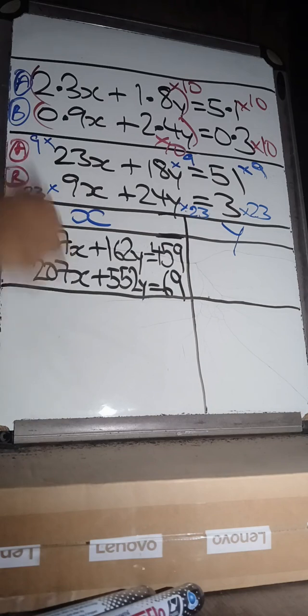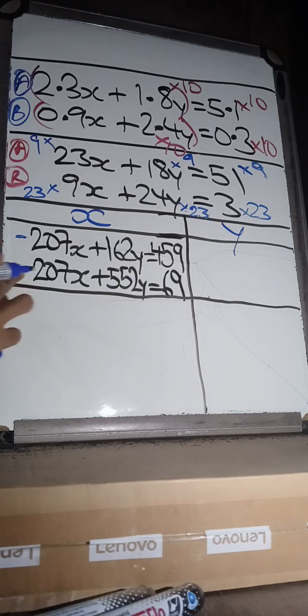We're going to subtract this from that, because if both of them were minuses, we would still subtract both of them. If both of them are positive, you subtract. If both of them are negative, you subtract. So they have the same sign in front of them. So subtract.